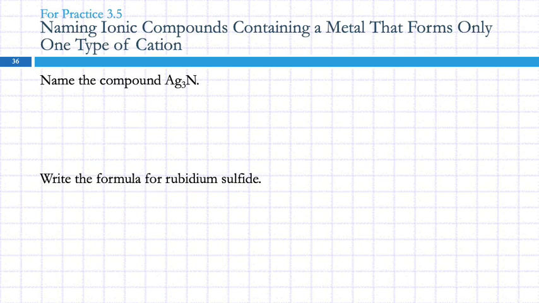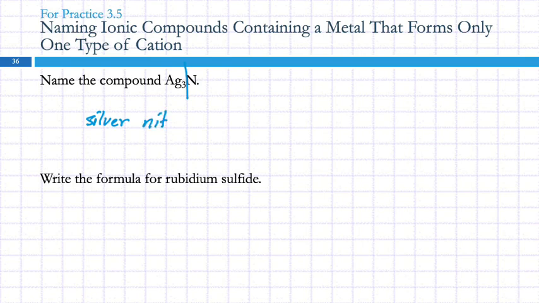Okay, name the compound Ag3N. We always have two ions, right? So what's the first element's name? Silver. Is silver in groups 1A, 2A, 3A, zinc or silver? Yeah, it's silver. Silver doesn't need a Roman numeral. And the N, what's the name of that element? It's nitrogen, and we change the ending to nitride.